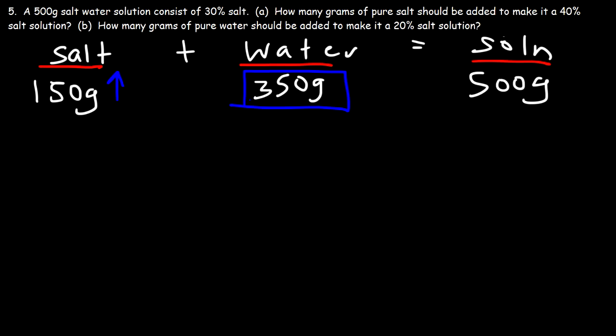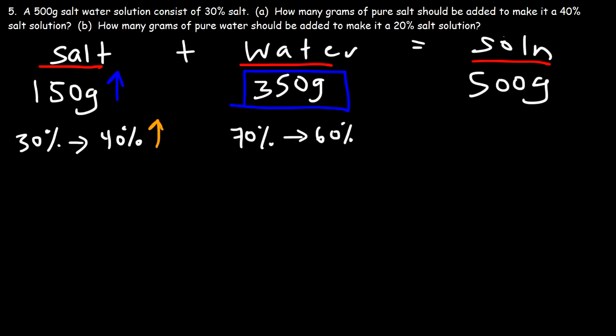However, the percentages did change. The percentage of the salt in the solution went from 30% to 40%. So the concentration of the salt increased. Now the concentration of the water decreased. It went from 70% to 60%, so it went down.